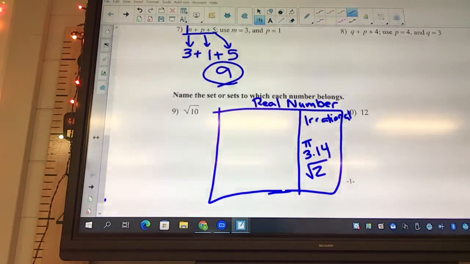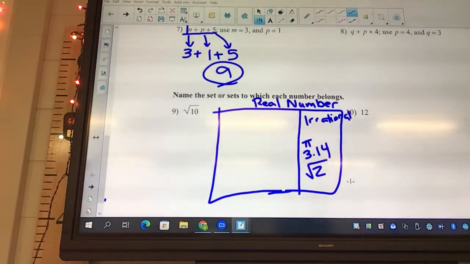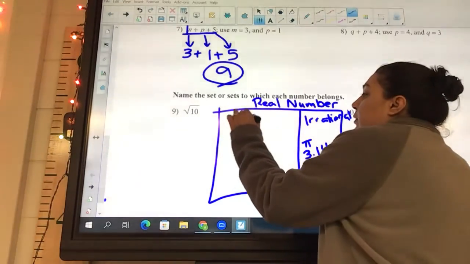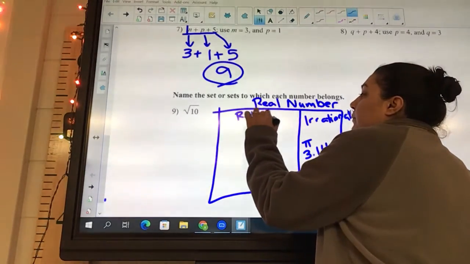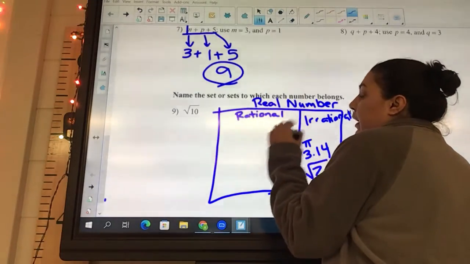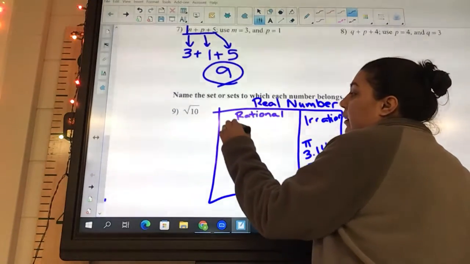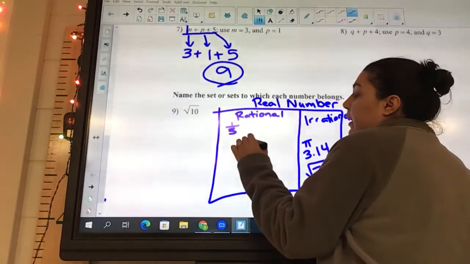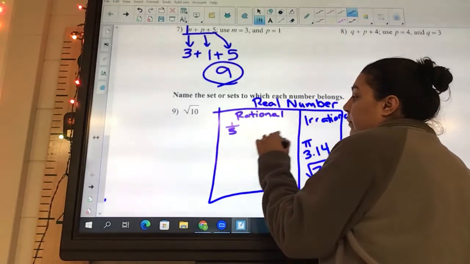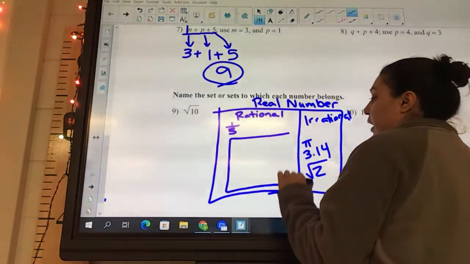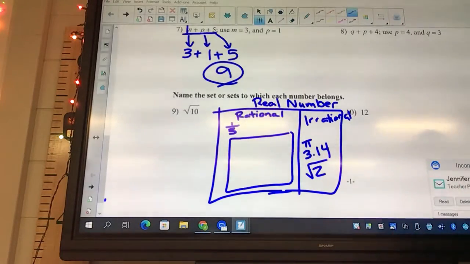So pi is really 3.14, 5, 6, 7, 2, 9, 8. Okay, there's a difference. So repeating decimal is like 0.33333. Okay, it's the same after every one. So on here we got rational numbers in our little chart. Okay, and those are going to be like 1/3. Okay, they're fractions and decimals. Okay, and then inside that chart we have what?